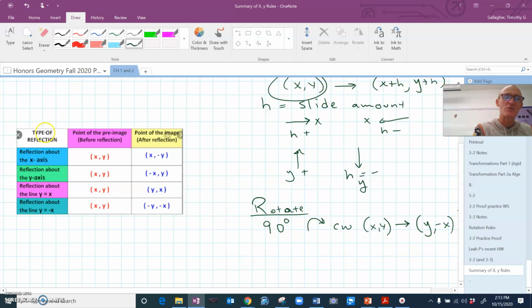And these are just the reflection rules. But rotate 90 degrees counterclockwise, (x, y) is going to go to (negative y, x).